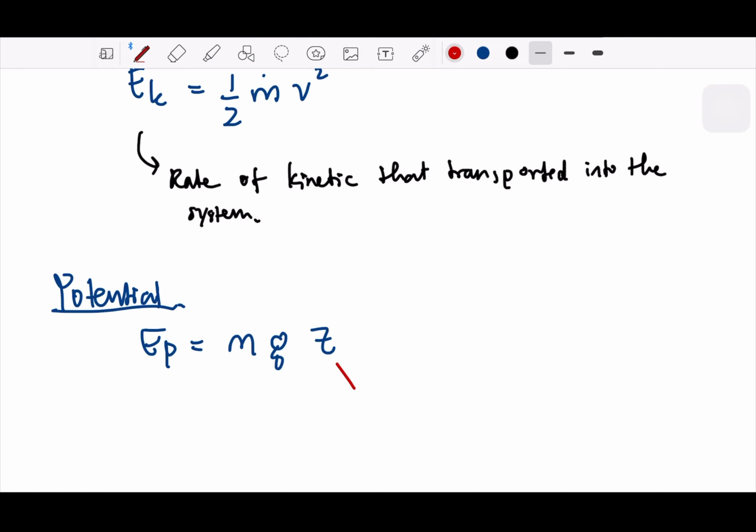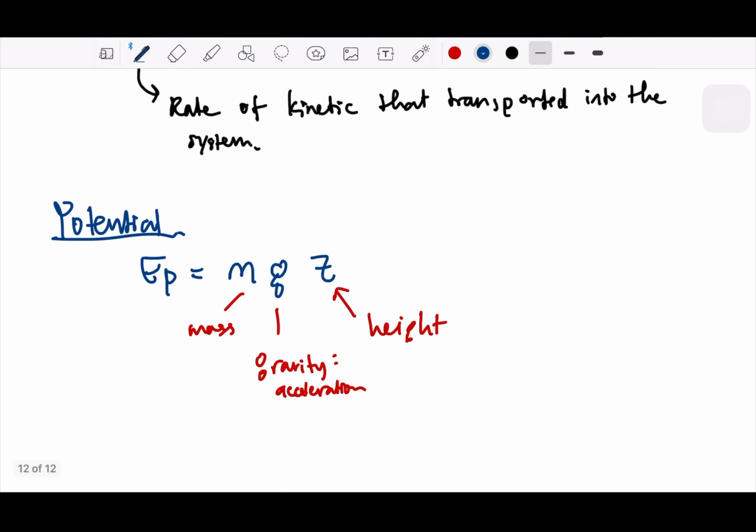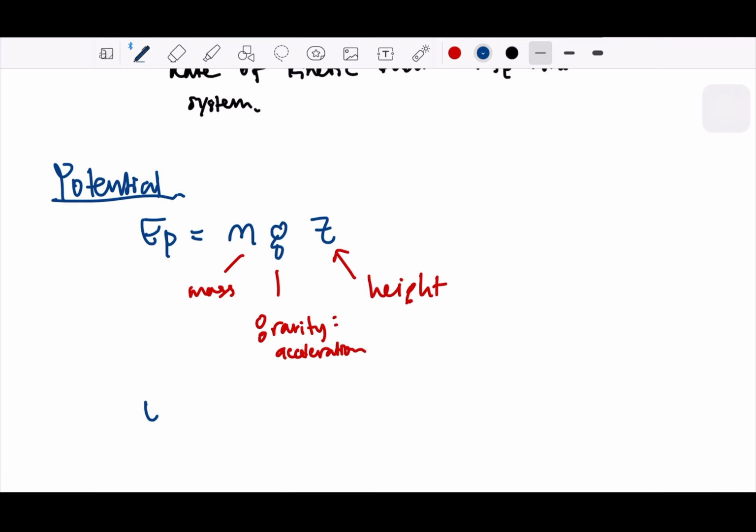But it's supposed to be similar, so it's height, gravity, which is acceleration, and mass. We can also take the potential energy into a rate, as in the kinetic.